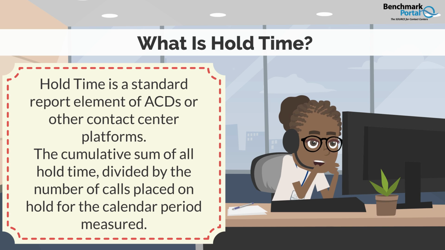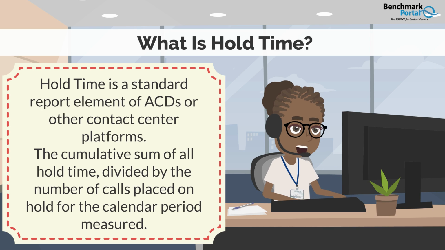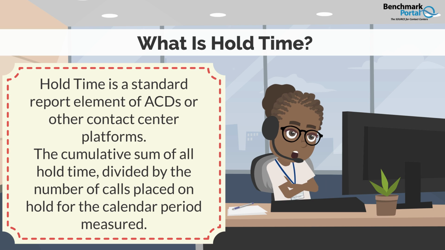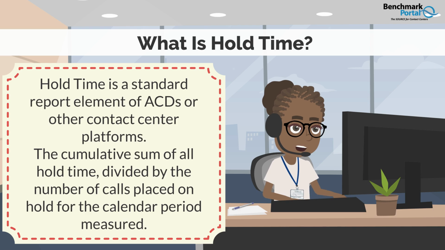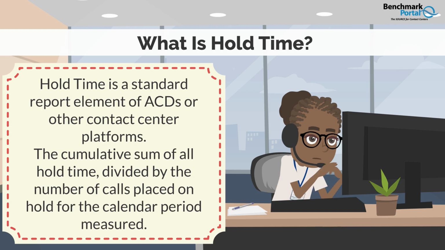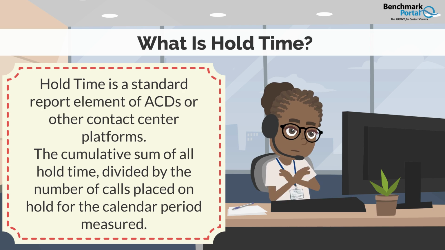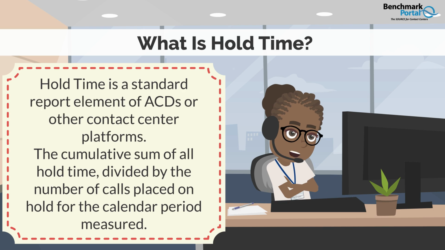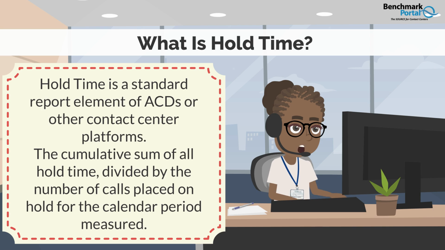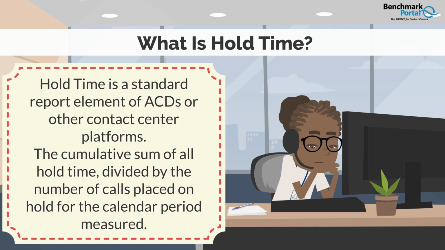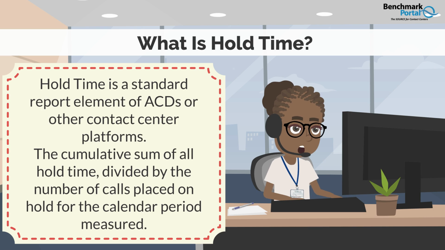Some centers calculate this on a daily or weekly basis, but most often it's benchmarked monthly and annually. Specifically, hold time is the cumulative sum total of all hold time divided by the number of calls that were placed on hold. This formula provides the average length of time that callers spent on hold when they are placed on hold by a contact center agent.